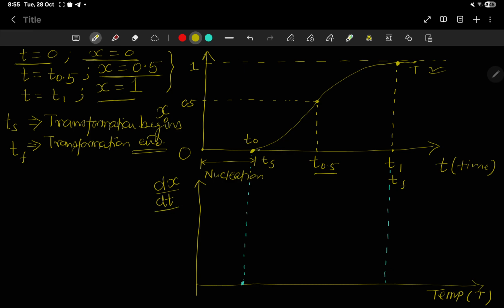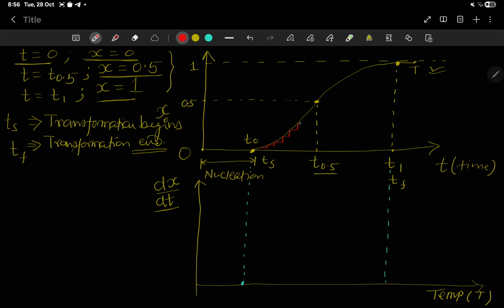Okay, you can see here the slope is increasing. From this region to this region the slope is increasing. How is the slope increasing? If I draw a constant horizontal line, you will find that the y value is increasing continuously.